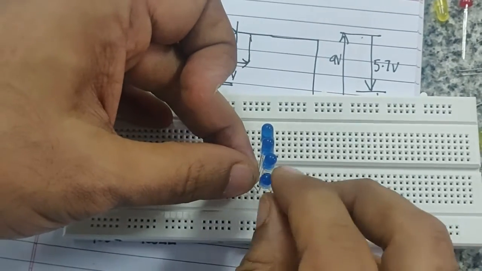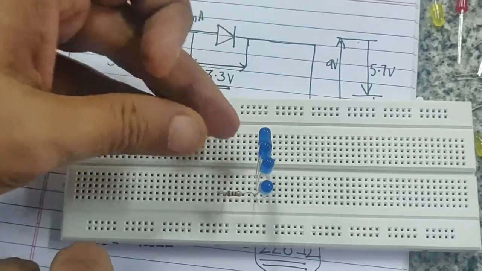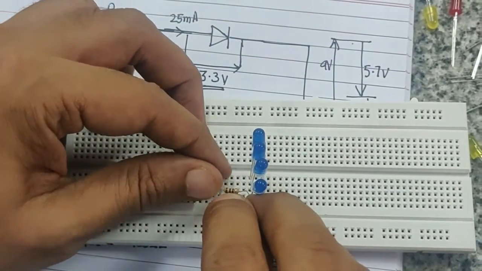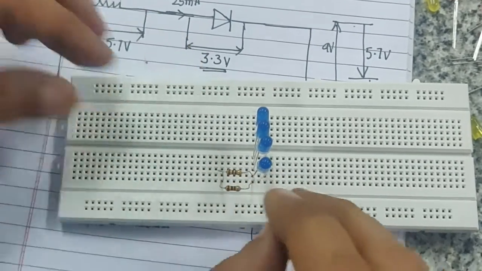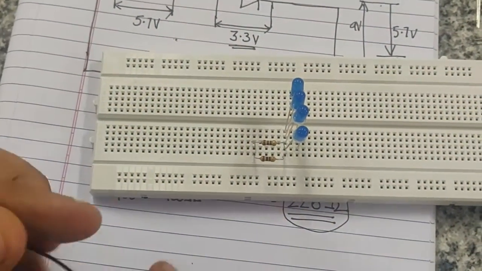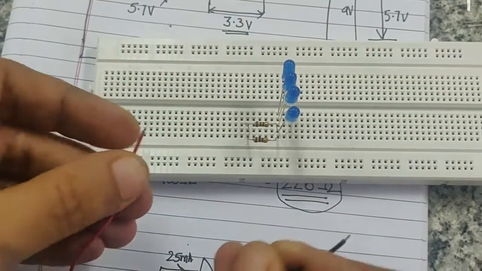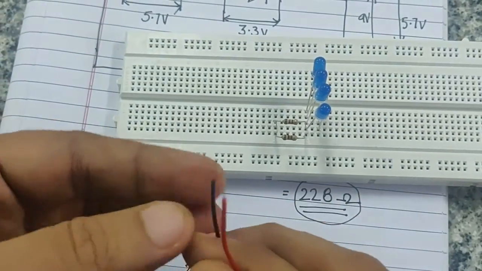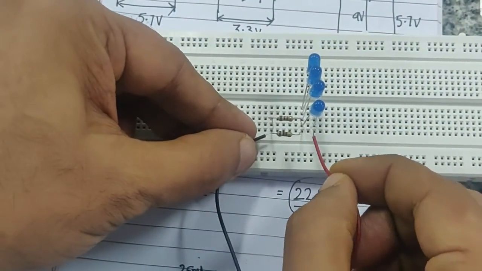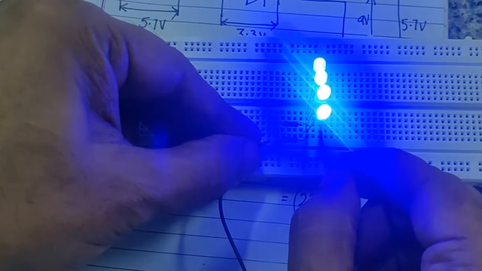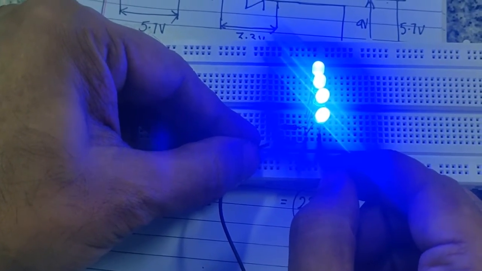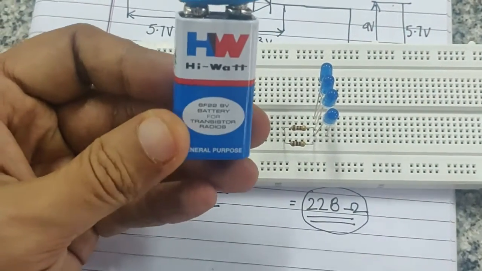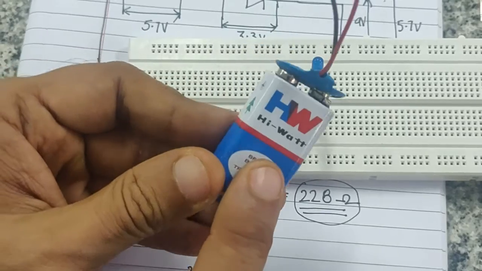I've connected the first one, and now I have to connect one more in parallel, plugging the next resistor into exactly the same holes. Now let's see what happens when I give power from both ends. We don't know what the polarity is, so let's do the opposite. Wow, there you go. All four LEDs are lighting up, and it is drawing about 100 milliamps of current from this battery.